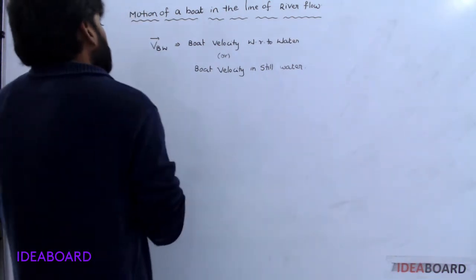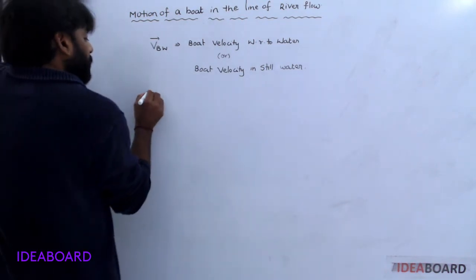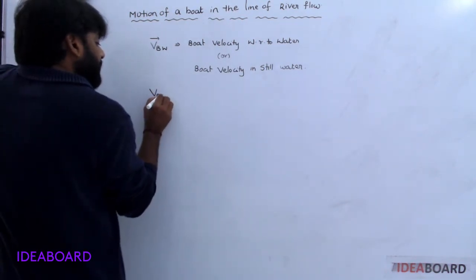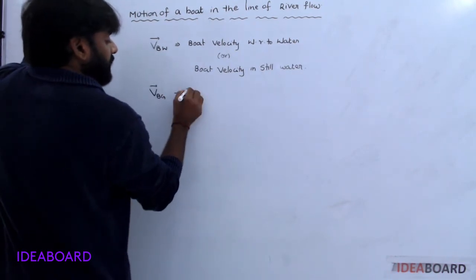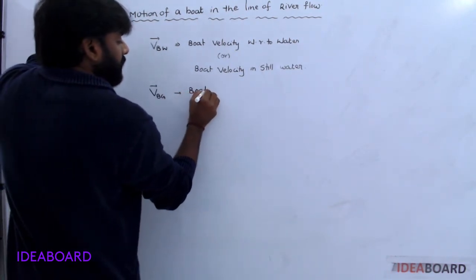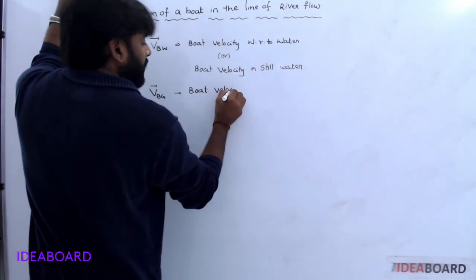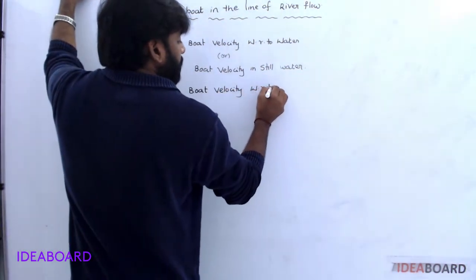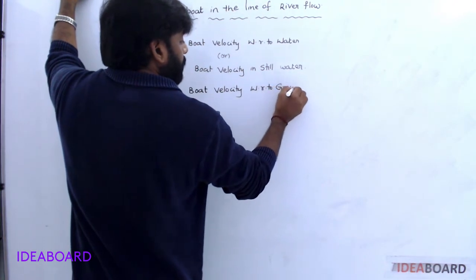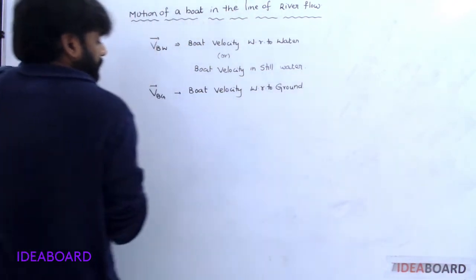Understood? Next, boat velocity with respect to ground. Boat velocity with respect to ground. Okay.